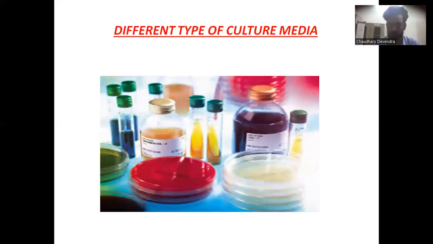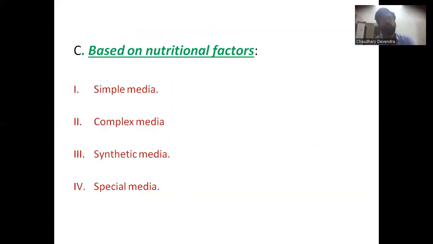Different types of media: there is classification based on nutritional factor. Everyone knows what the nutritional factor is. Basically, particular nutrients are required by the bacteria for their growth or to promote their growth. So based on nutritional factor, there is simple media, complex media, synthetic media, and special media.